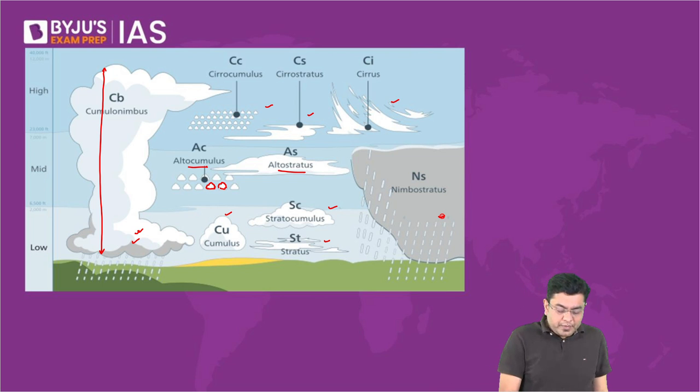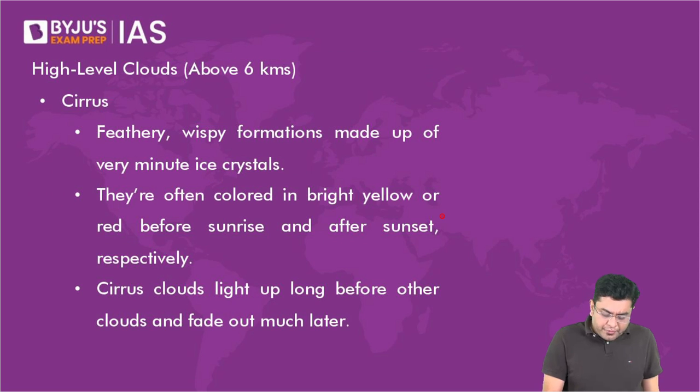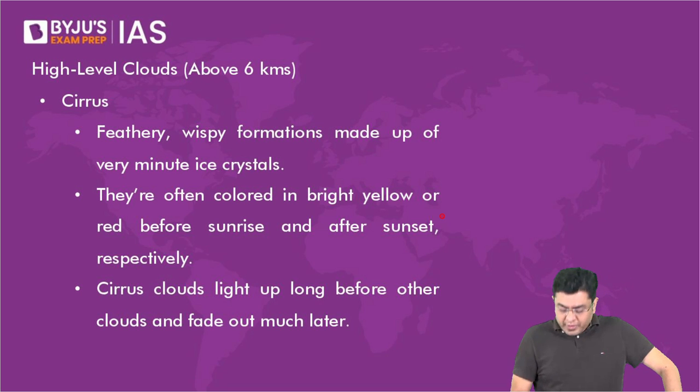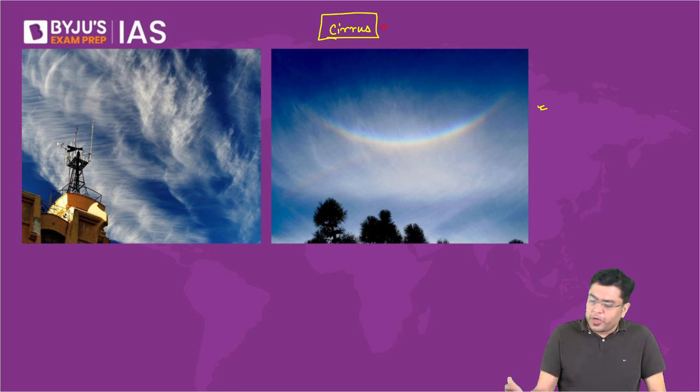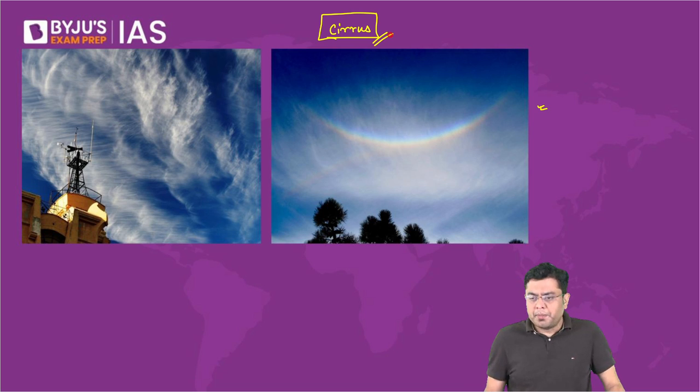Okay, so that is basically the different types of clouds. So let us take a look at a few of them. So cirrus. Cirrus clouds appear like this. These type of cloud formations that you observe, that is what is referred to as cirrus. Do we need to remember these names? If you try to remember these names, you will never be able to remember them.